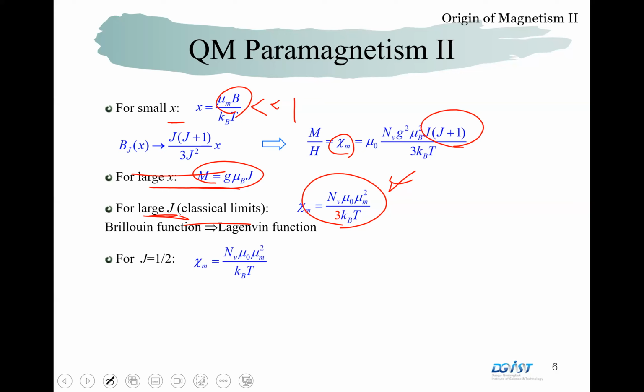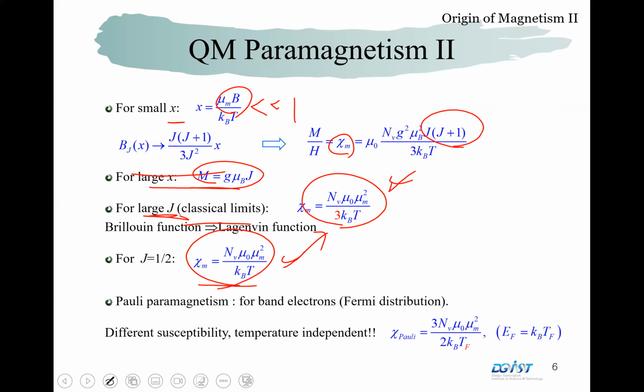Also, in typical ferrite material, the J value is usually a half, or just around a half, of order 1. So in that case, the susceptibility for J equal to a half is a little bit different from the classical one.